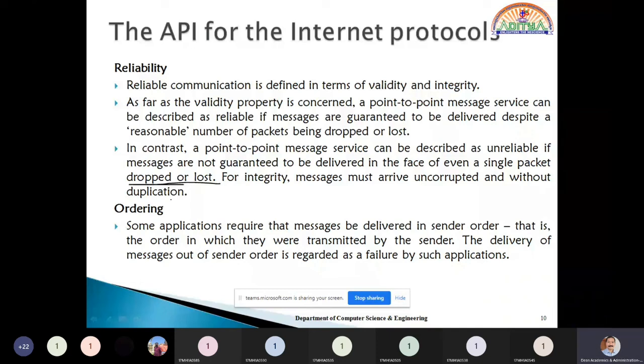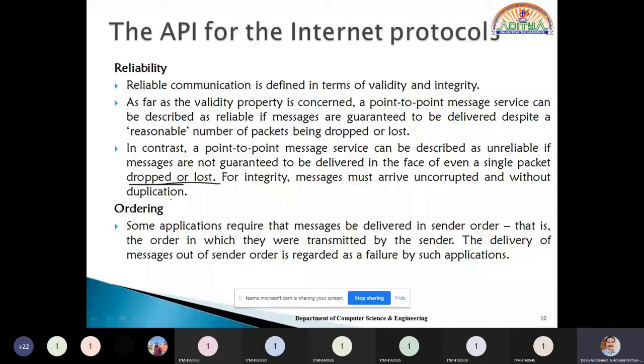Why without duplication? Because when you duplicate the message, or part of the message is duplicated, that means it is an improper message. So a point-to-point message communication should be reliable.